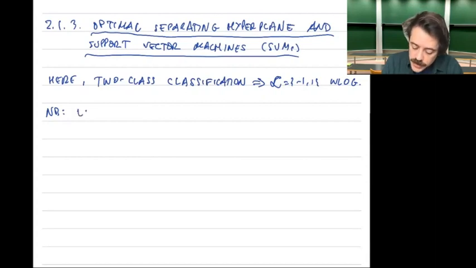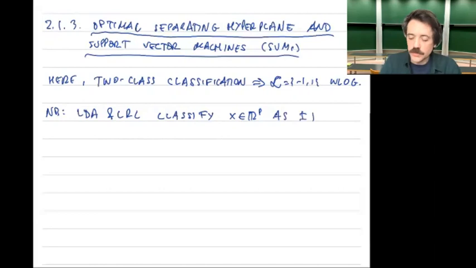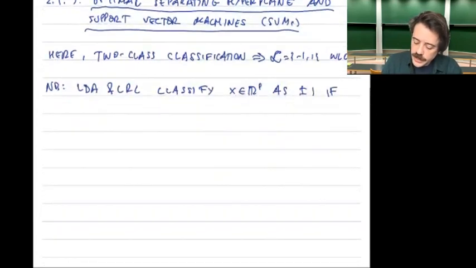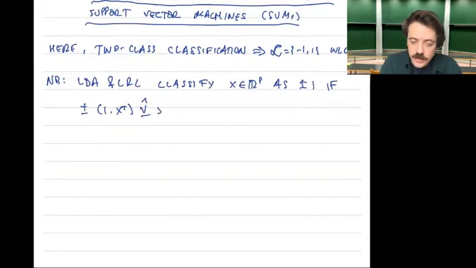So in essence, we can write LDA and LRC as classifying X in R^p as plus or minus 1 if X transpose times some fitted V is greater than 0.